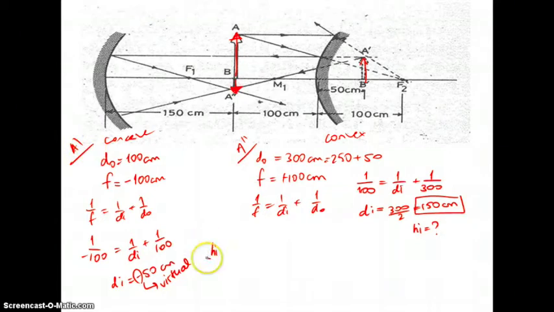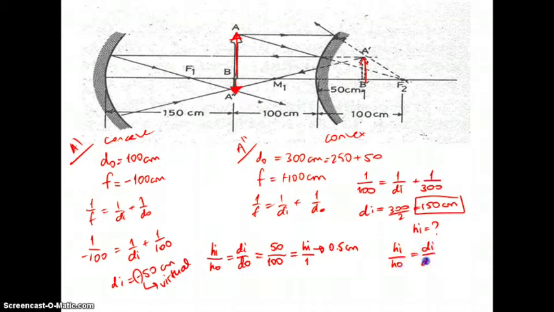First, by using the hi over ho equals di over do formula, let's find the height of image A prime. This is equal to di over do. We found that di is 50 and do was 100 centimeters. And ho was 1, so hi must have been 0.5 centimeters. For the A prime prime part, let's do this again. hi over ho equals di over do.